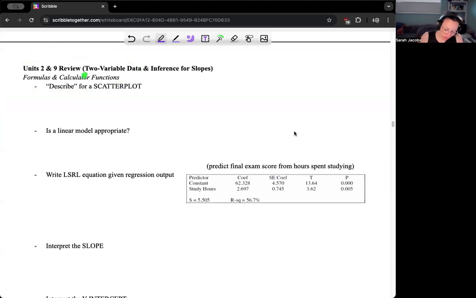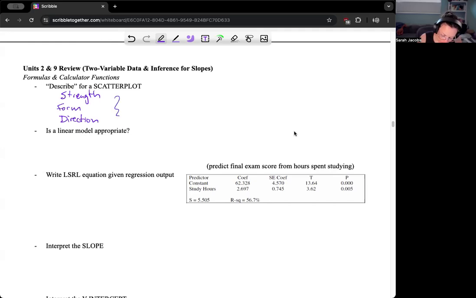Since this is two variable data, if you would make it a scatter plot, you're going to describe using strength, form, and direction.